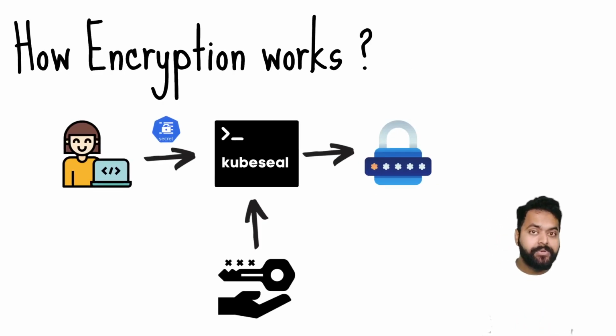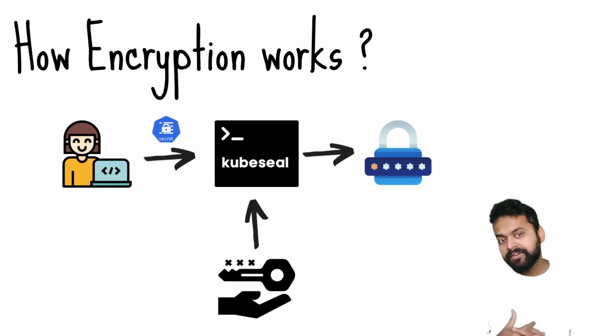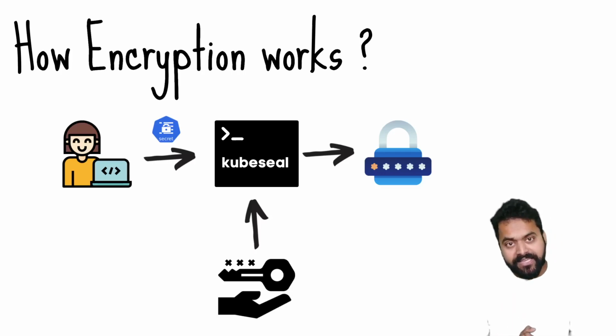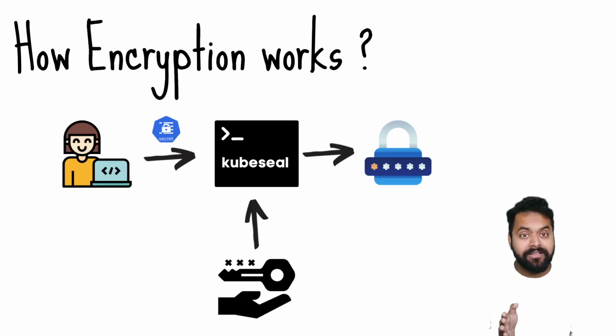If you look at this diagram, a developer can use this kubeseal CLI tool, which we have seen earlier, and with the help of this kubeseal CLI and the public key, a user will encrypt the Kubernetes secret, which is ready to push into the Git repository.